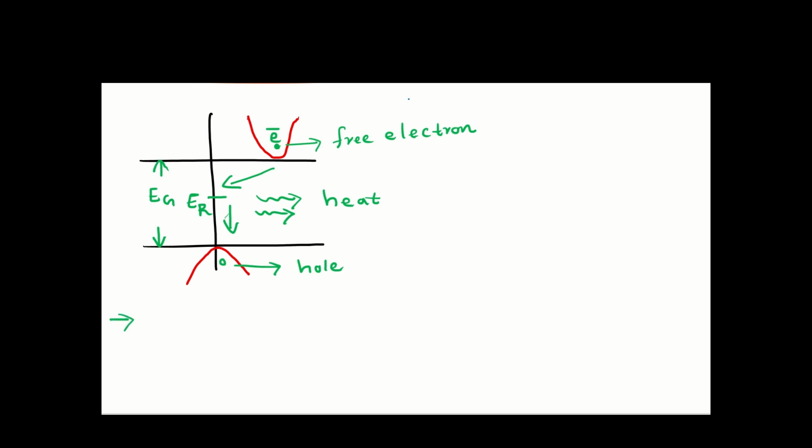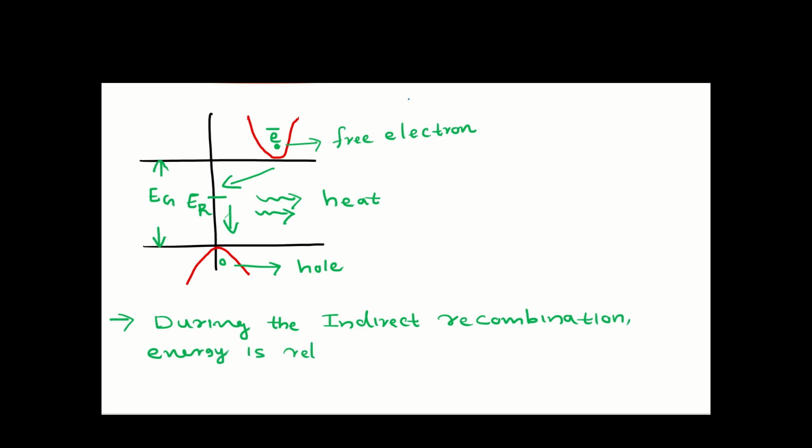So I am writing the point here. During the indirect recombination, energy is released in the form of heat or phonons.